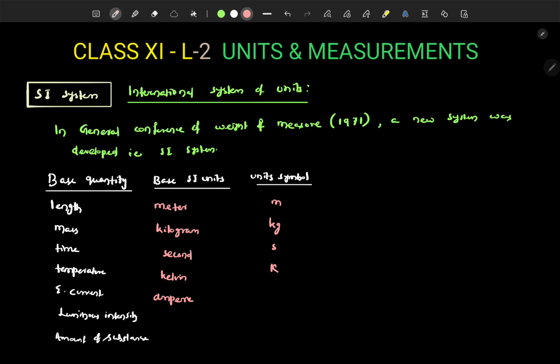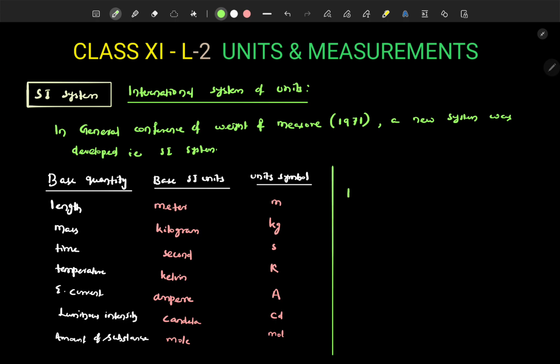How to write the SI unit? What are the rules? We will discuss in today's class. Electric current SI unit is ampere denoted by capital A. Luminous intensity is candela and denoted by cd. Then amount of substance is mole. Symbol is mol.